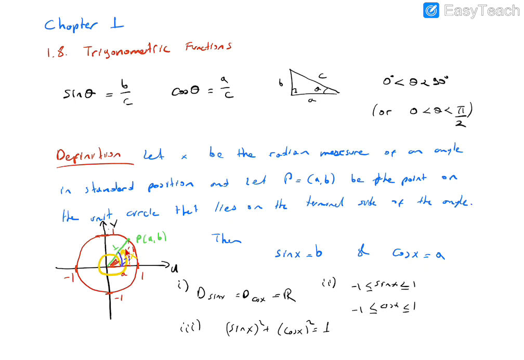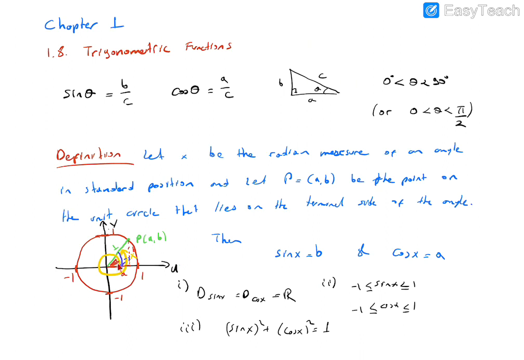No, minus x is not coterminal, because for minus x we go in the clockwise direction. Its initial ray is the green one, and the terminal ray is the y-axis. So minus x is not coterminal, but this angle is minus x.